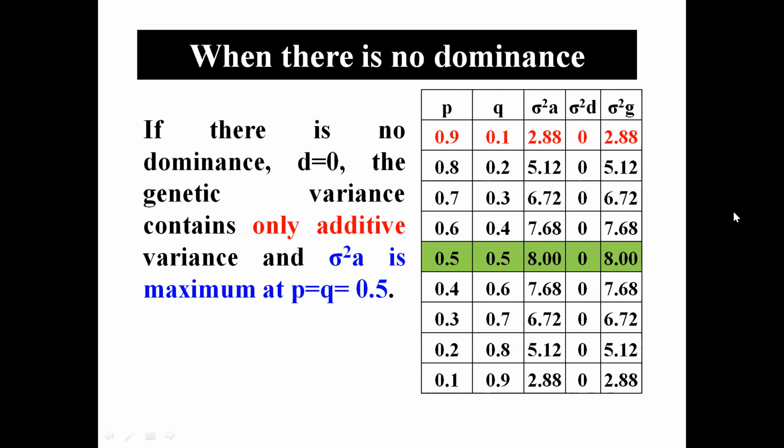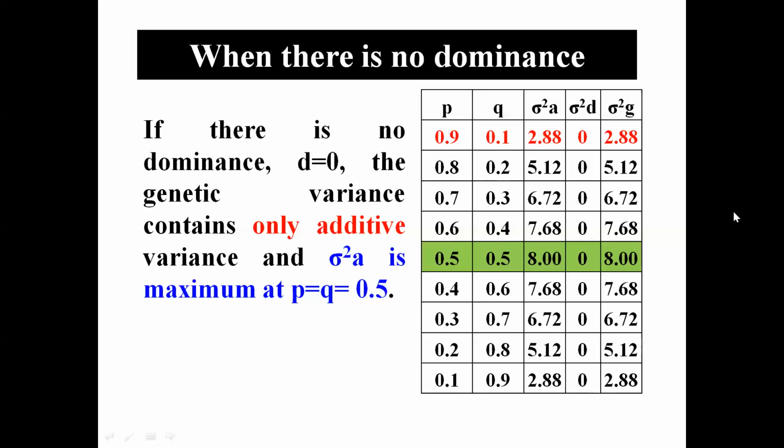And as the frequency increases, 0.2, 0.3, 0.4, variance also increases. And it increases up to middle of the frequency. And then again, you will see that this variance is decreasing.